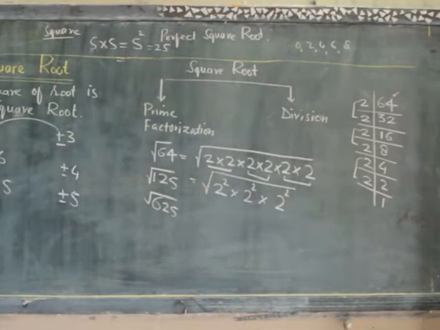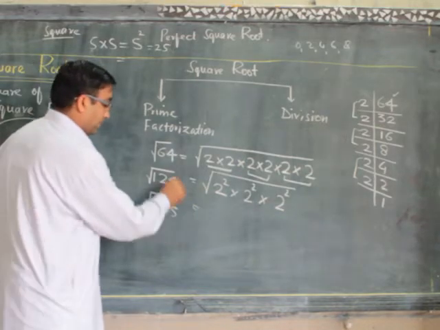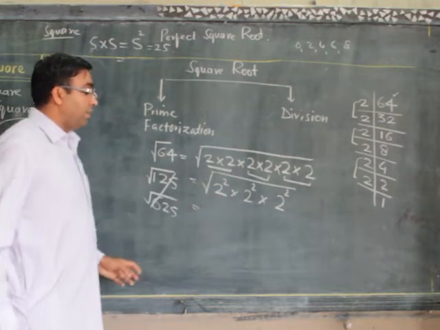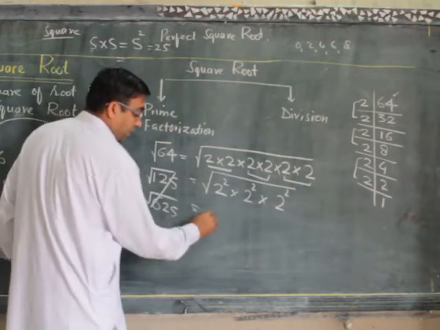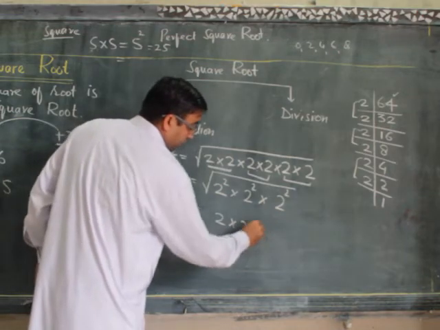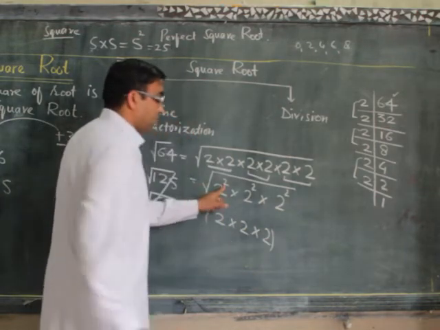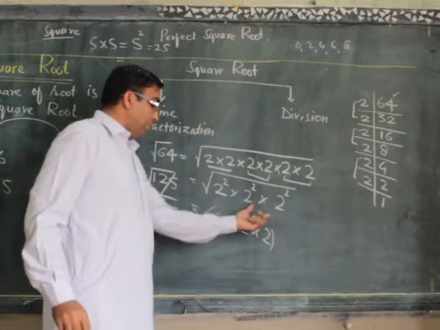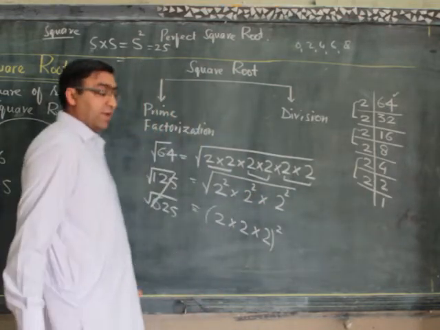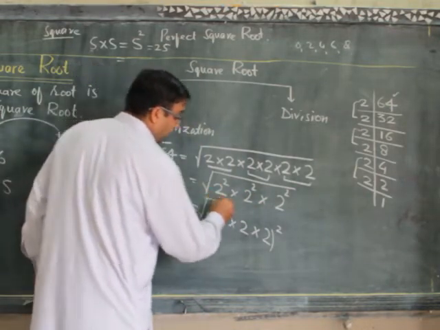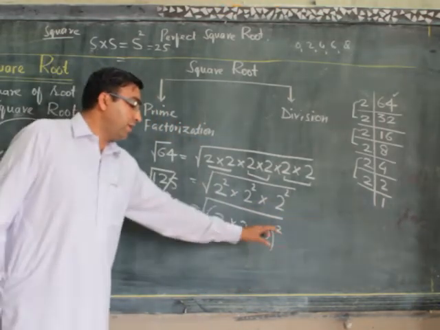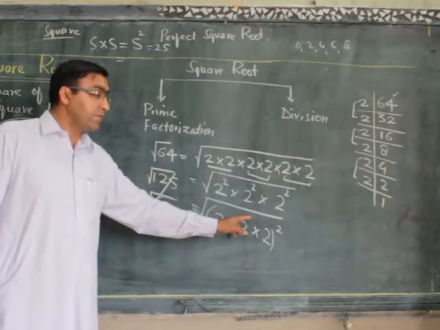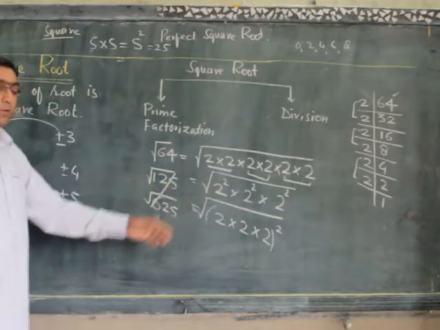Now what do I have to do? In this next step, you can write them separately, or you can also combine them, that is 2 into 2 into 2, because this has a square, this has a square, so we can take the combined square of all three numbers. The square root will remain in its place. Now this is the common thing that square and square root will cancel with each other because square and square root are the opposite to each other.